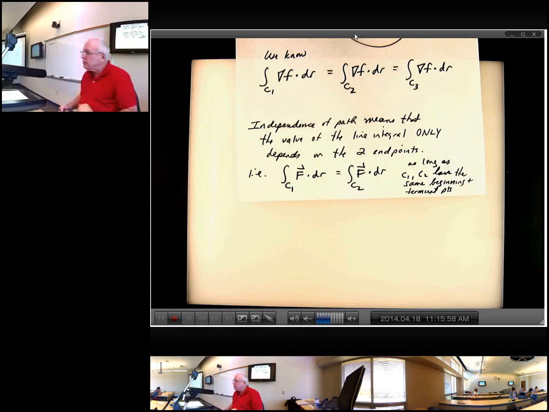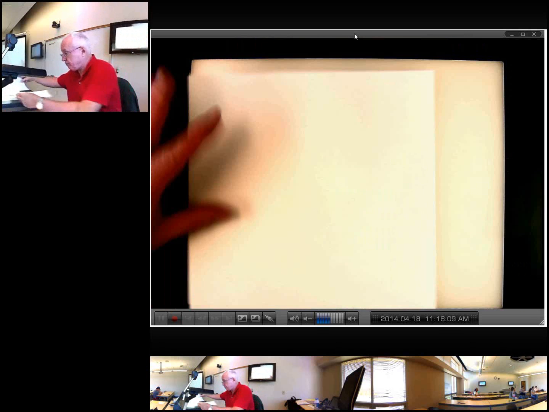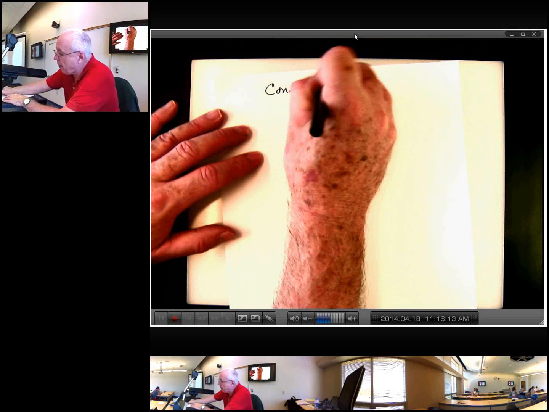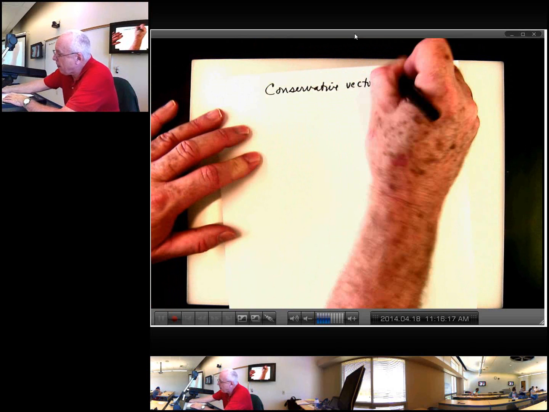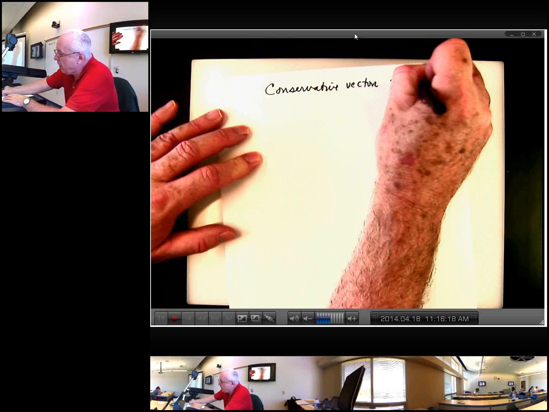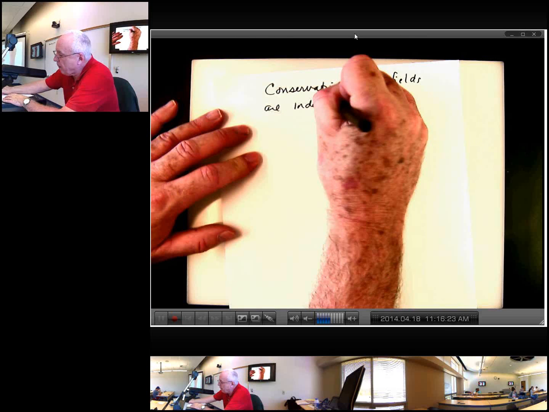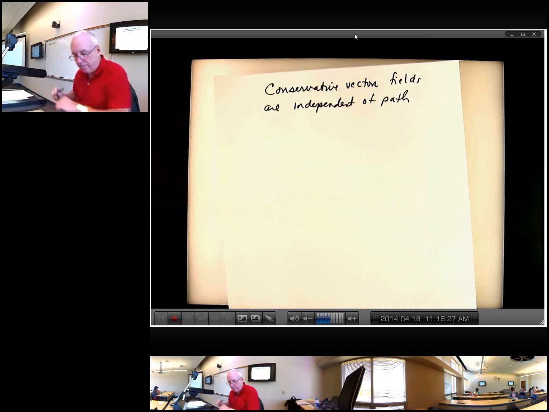That's what it means to be independent of path. So therefore, we know then that conservative vector fields are independent of path.